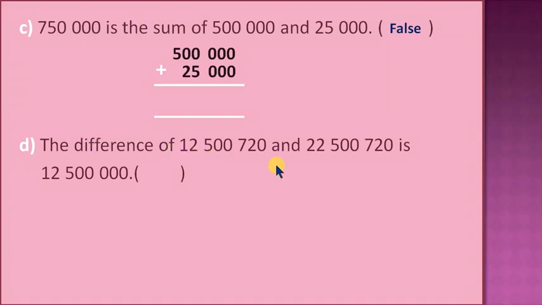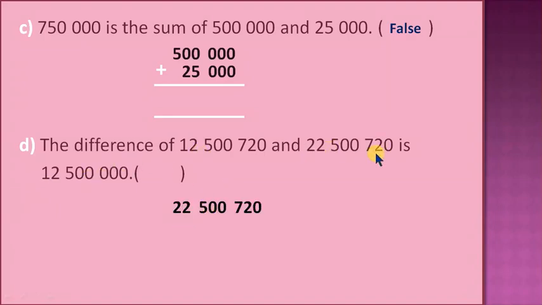The difference of 22,500,000 and 720 and 12,500,000 and 720 is 12,500,000. It means that you have to subtract 12,500,000 and 720 from 22,500,000 and 720. If after subtraction you get this answer, it means that this statement is true.